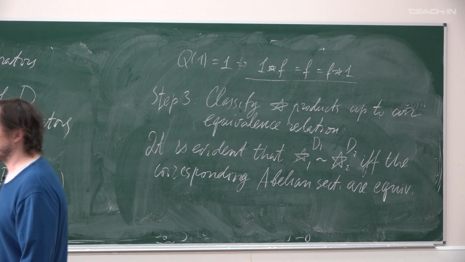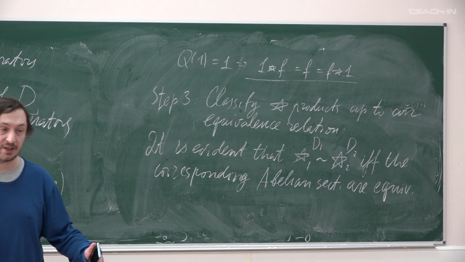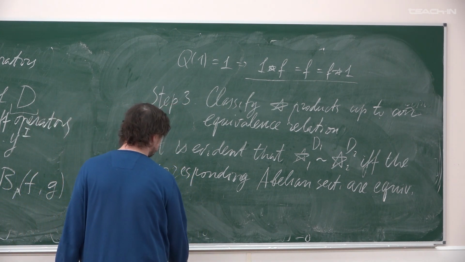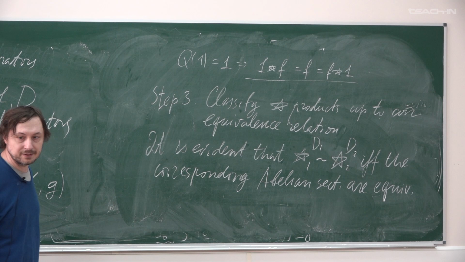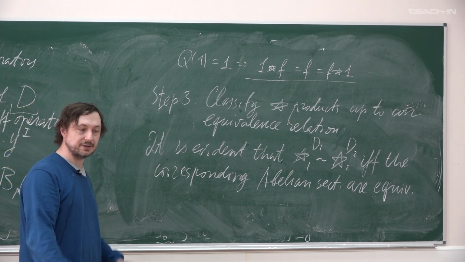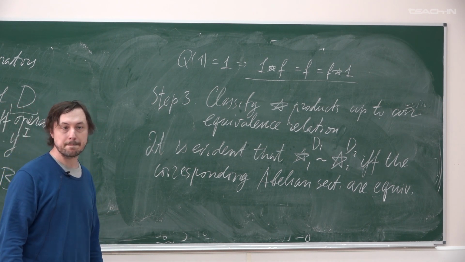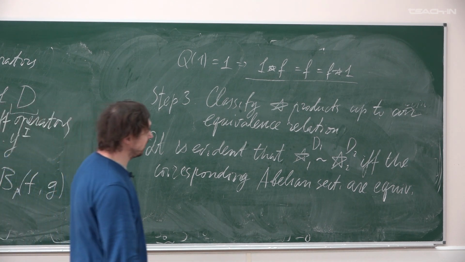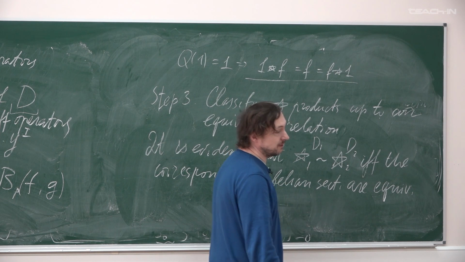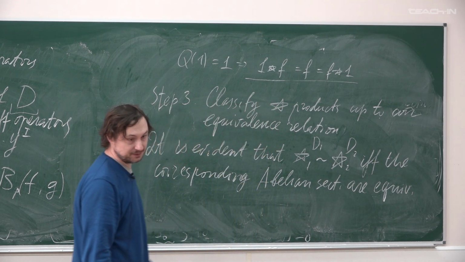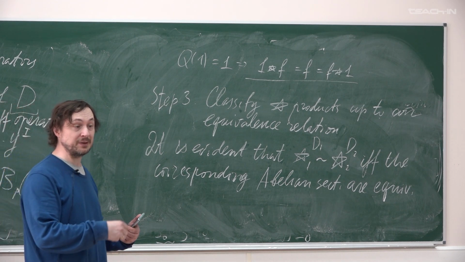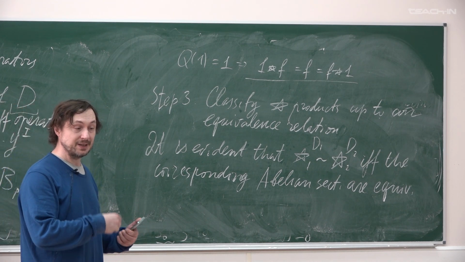So if we know that these two connections are equivalent as connections, you know the two connections are equivalent if there is a gauge transformation of the bundle which sends one of these connections to another, right? If these two connections are equivalent, then the space of flat sections will be isomorphic. Isomorphic in the sense, the isomorphism will be given by this gauge transformation.